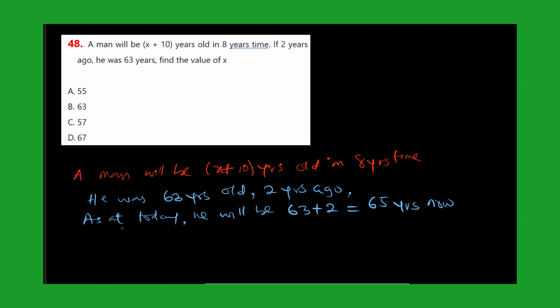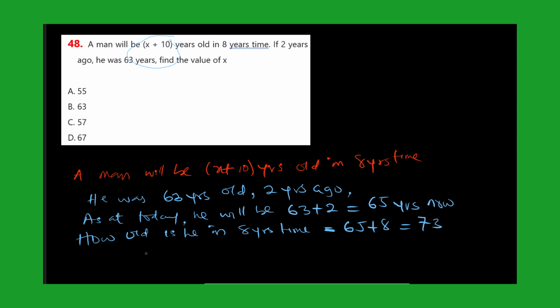So how old will he be in 8 years' time? That would be 65 plus 8, which is 73. So for us to find the value of x now, we need to pick this x plus 10 and equate it to 73.